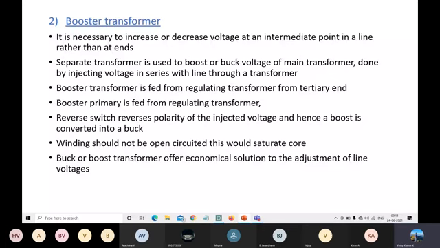So what happens at that time? The load may start generating the reactive power. So if the load has started generating the reactive power, at that time what happens? We have to absorb that reactive power in order to balance the voltage. So if you want to balance the reactive power, we have to absorb the reactive power.